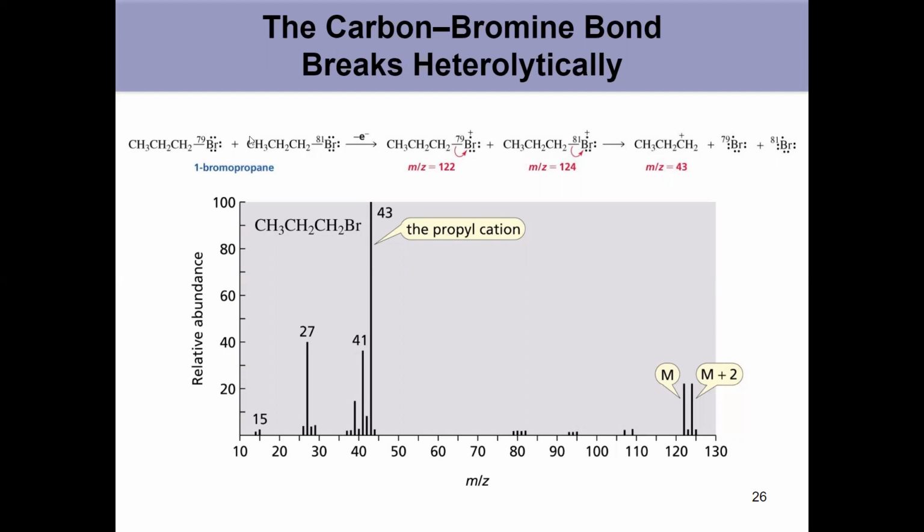But then once that happened, the weakest bond breaks, the carbon-bromine bond, okay? But it goes heterolytically. See that arrow type right there? Both the electrons go to bromine because it's more electronegative. So it gives us a giant peak for the propyl cation. Doesn't matter which bromine left, they weigh different amounts, but the propyl cation that's left over is the same. That's why we get that big peak there. So understand two isotopes of bromine, 50-50 split, that's an instant clue.